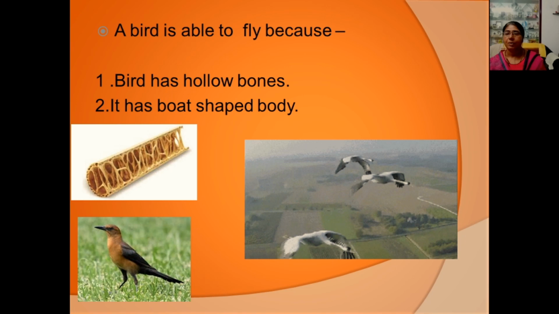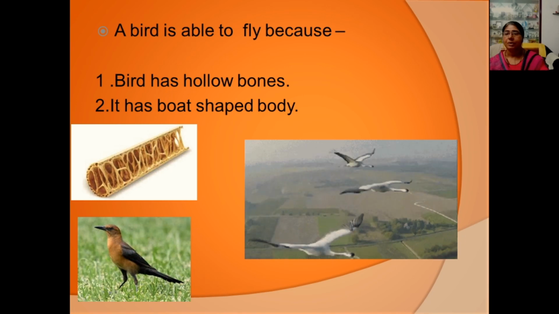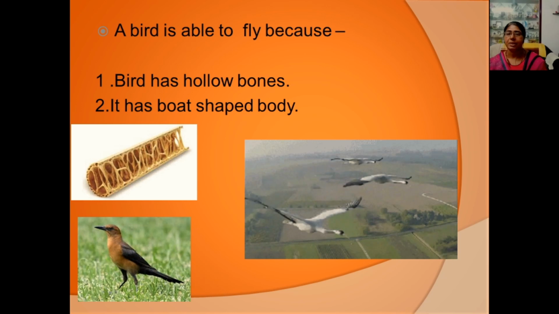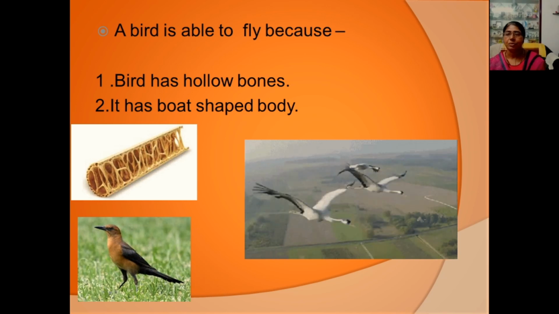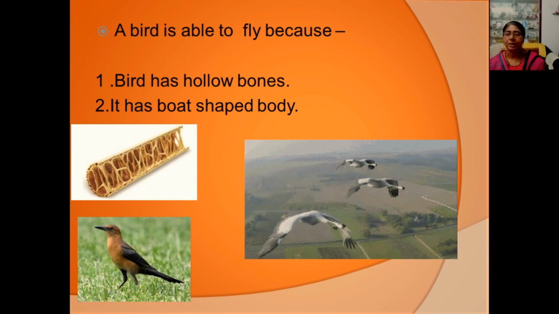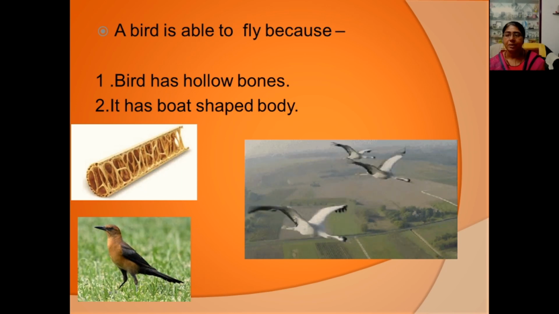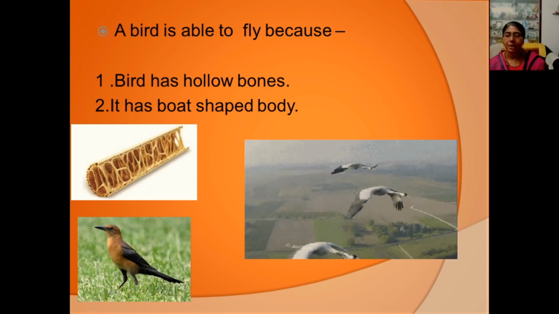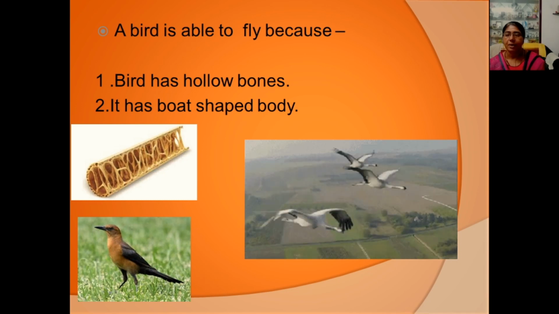So, see, there are four important reasons that help birds to fly. First one, we already learned the word hollow. Hollow means there are small air sacs in the bones.